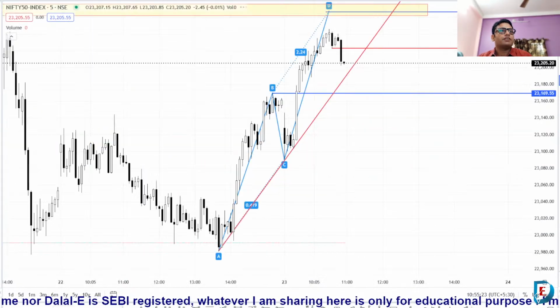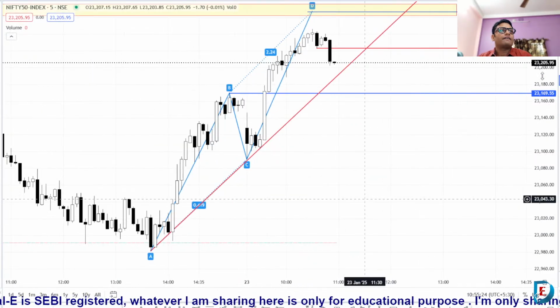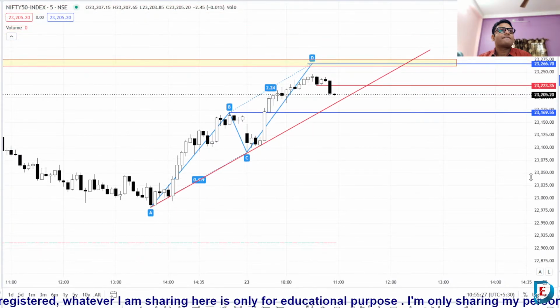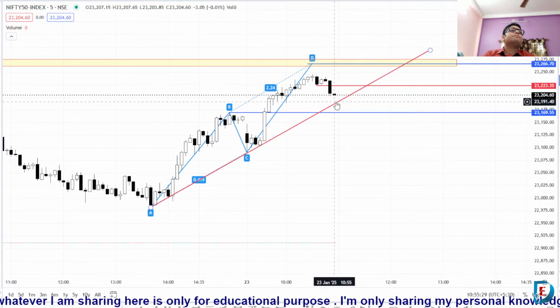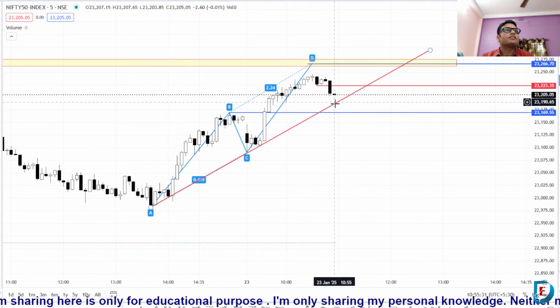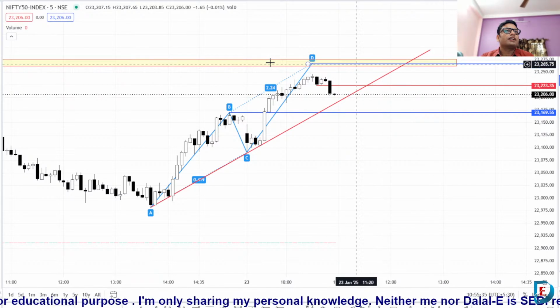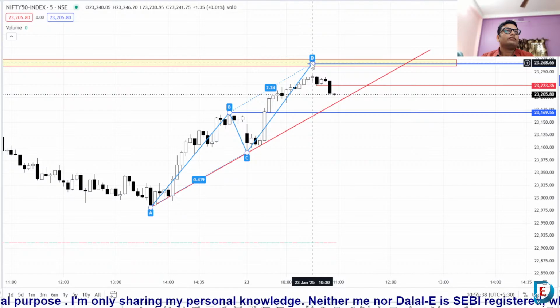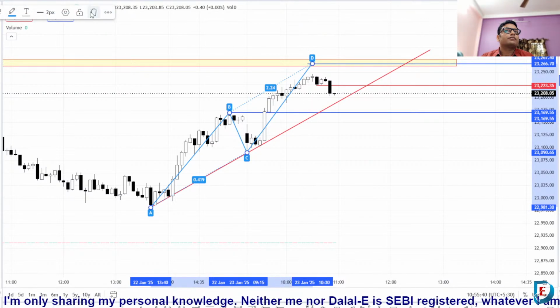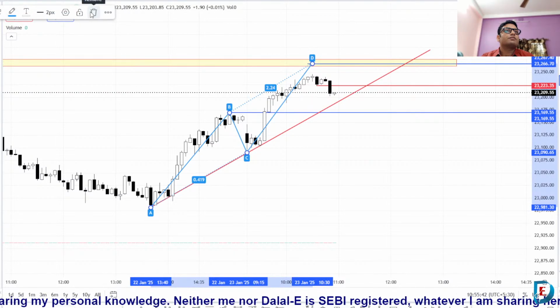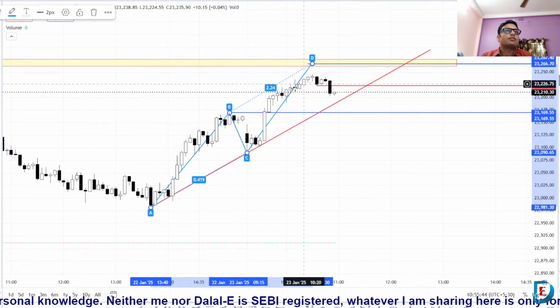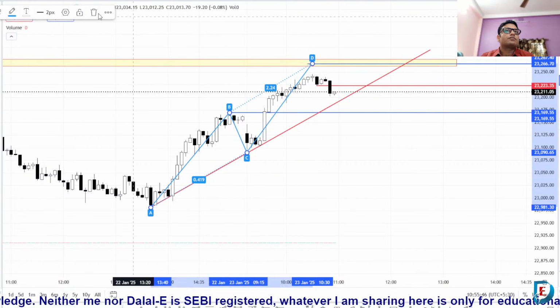And what is happening on Nifty? Low gets broken, price may take support from this trend line. I deleted this one, because this drawing is done.